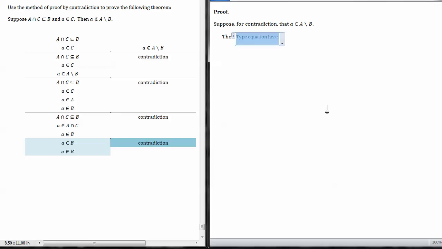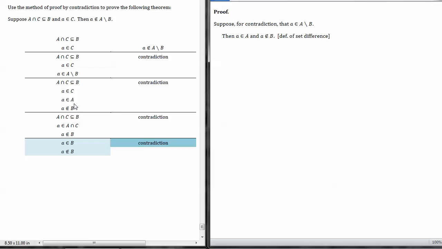So then A is in A and A is not in B, by the definition of set difference.